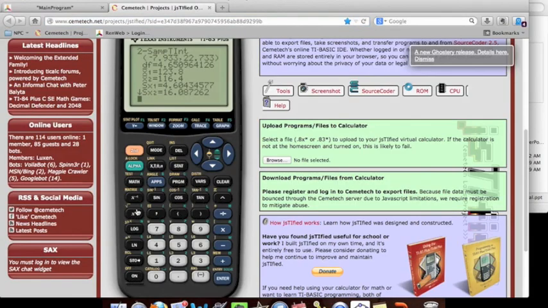Okay, so the first question asks us to find the log of 5, correct? There's no base written, which means the base is 10. Your calculator has a common log or a log base 10 button, and it is right next to the 7. So right next to 7, we have a button that says log, and that is assumed a base of 10. If the base is anything else, your calculator can't do it.